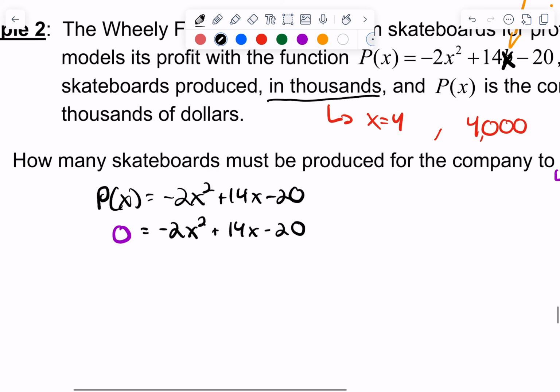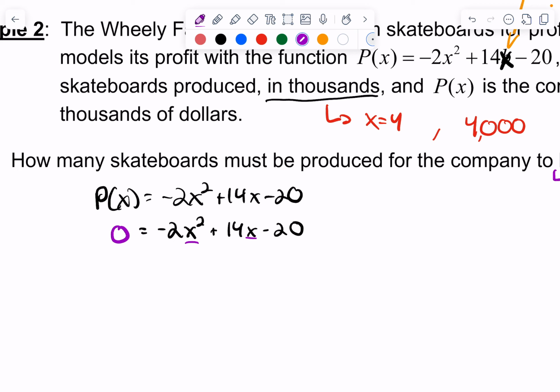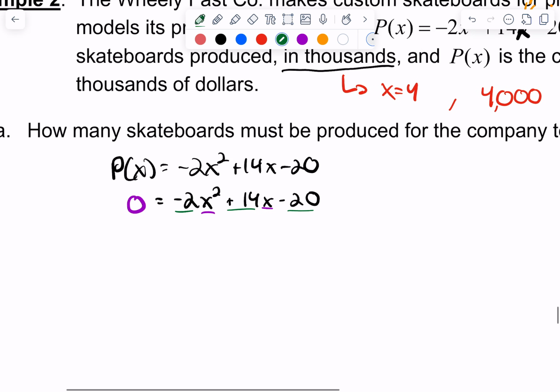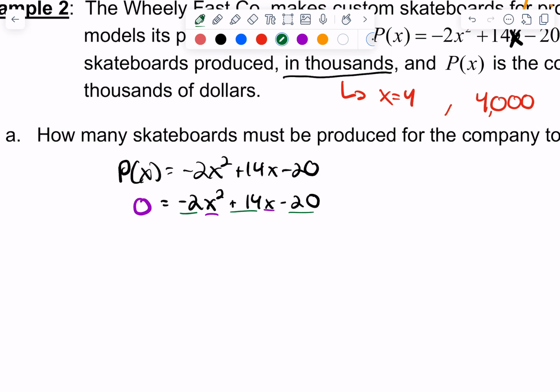So we are given a quadratic here, and we're looking for our unknown to be x. So we are solving this. So we need to factor. Check, can you take a GCF out? Yes, we can. We can take a negative 2 out from all of these. So we would get, and I'll just work in one color again, 0 equals minus 2 times x squared minus 7x plus 10.